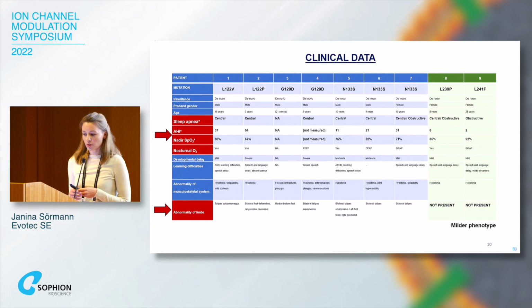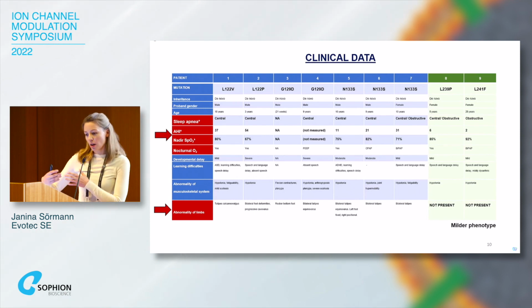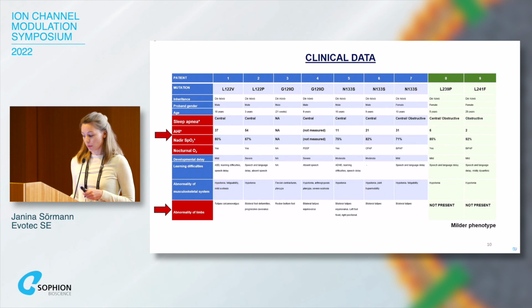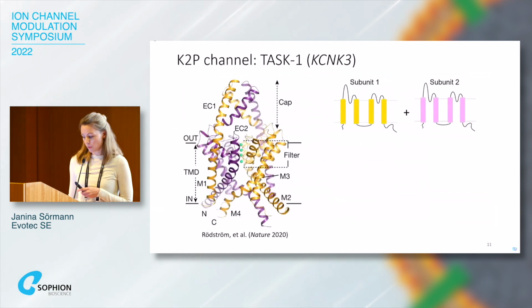The other interesting thing is that the mutations shown in blue, which sit in the middle of the protein, seem to have a much more severe phenotype compared to the patients who carry a mutation towards the C-terminus of the protein. The patients who have a mutation in the middle of the protein also show an abnormality of the limbs.